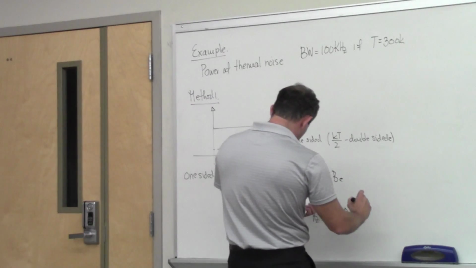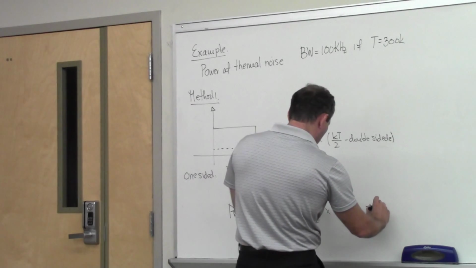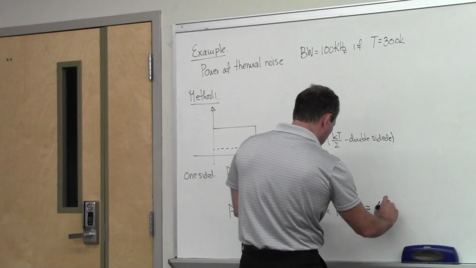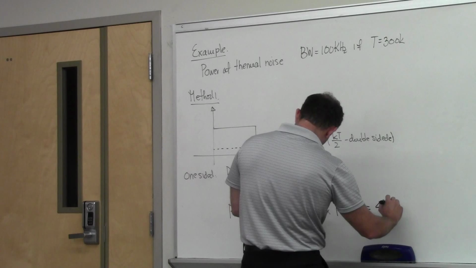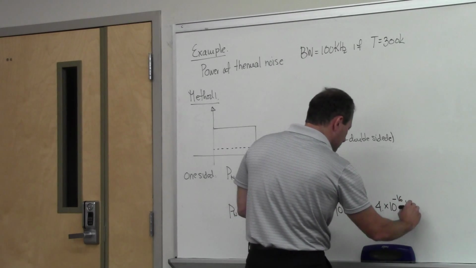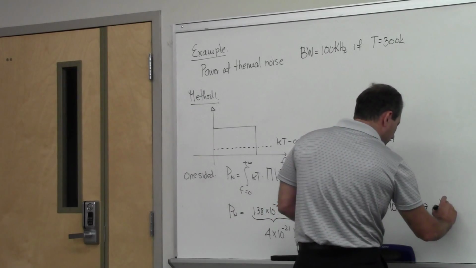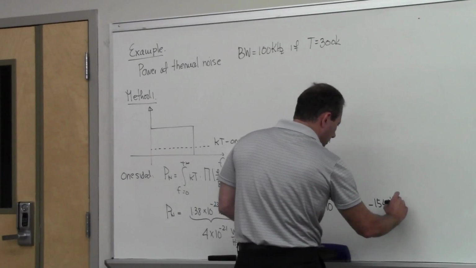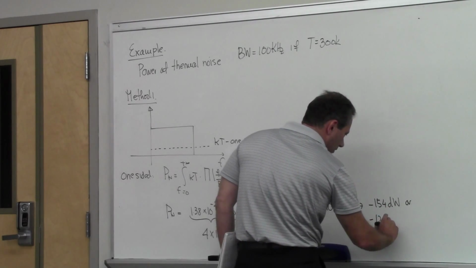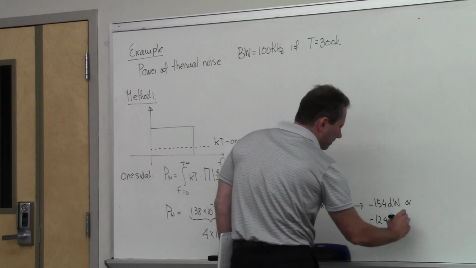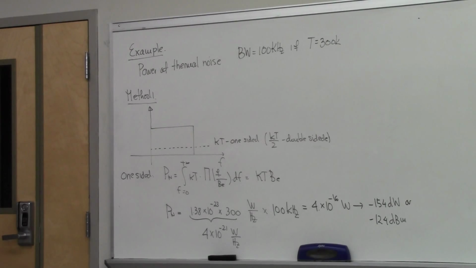So when you calculate this, it ends up being 4.14, or close to 4 times 10 to the minus 16 watts, which you can translate into minus 154 dBW, or minus 124 dBm. So that's the common way we've been doing this so far.